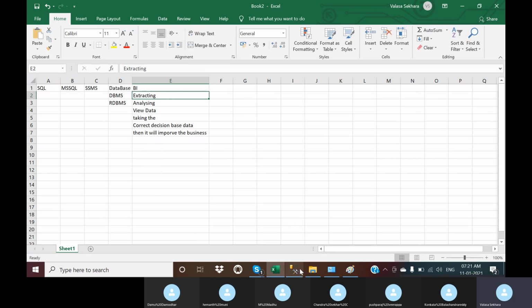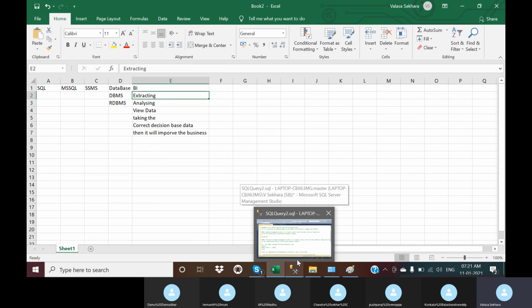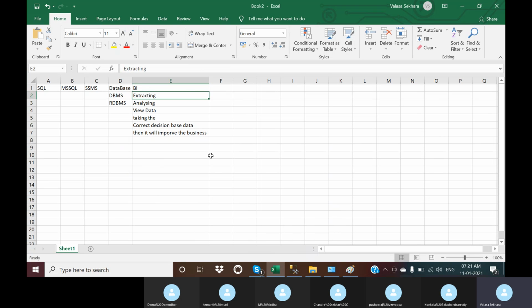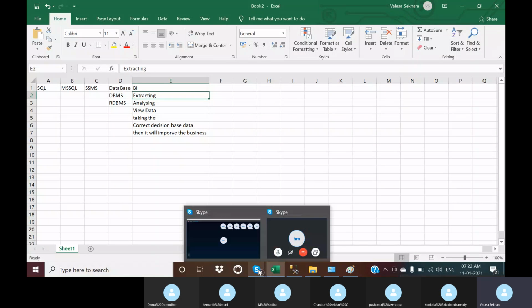The data might be in the front end. Suppose take a Java application, .NET application, or a SAP application, or text file data. See, I will show that.